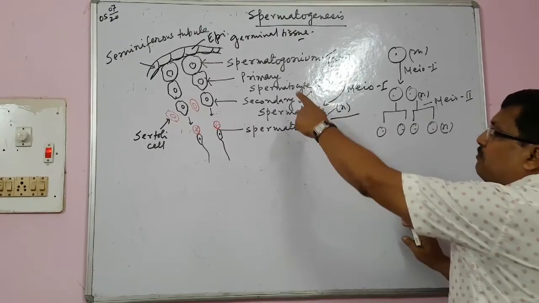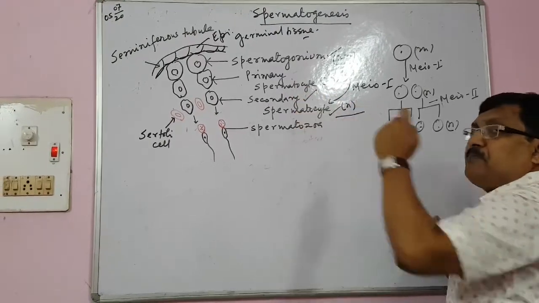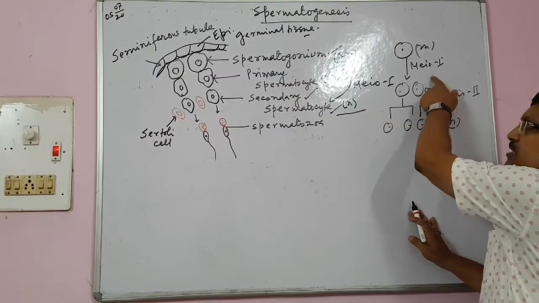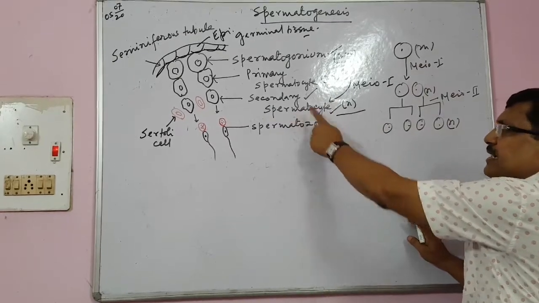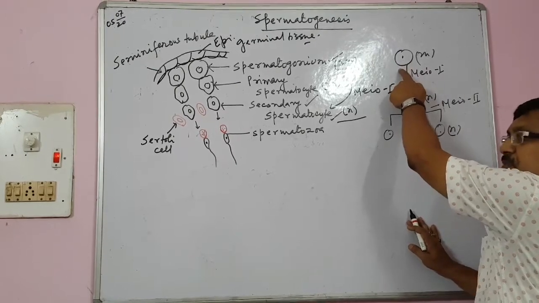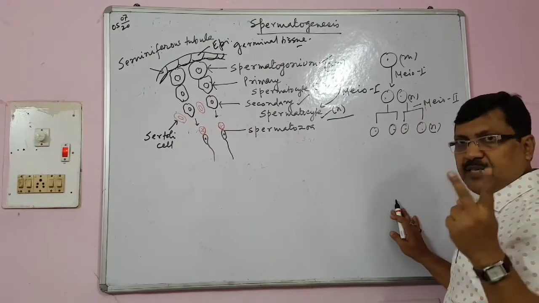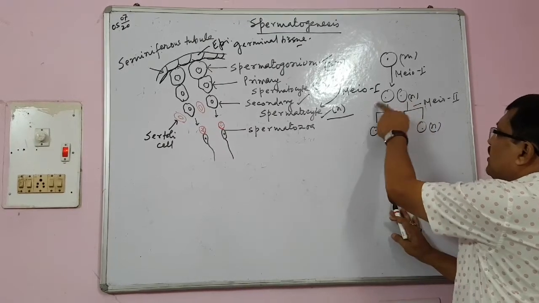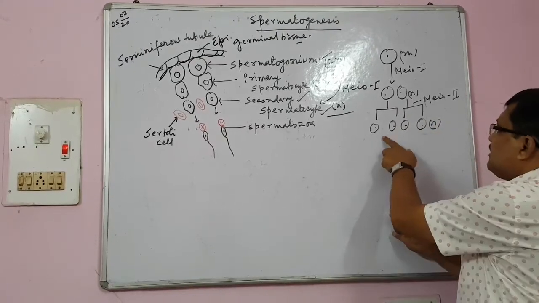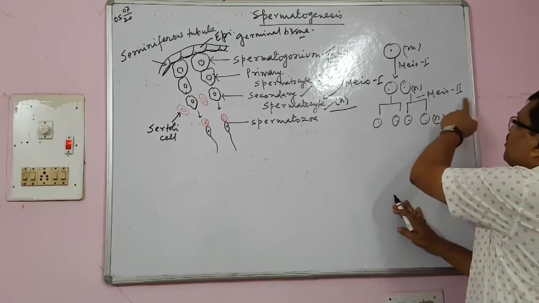It means the primary spermatocyte is diploid, and in the primary spermatocyte the meiosis first division takes place, giving rise to secondary spermatocyte cells. A single primary spermatocyte gives rise to secondary spermatocytes, and again each secondary spermatocyte will divide by meiosis 2 to give rise to 4 cells.